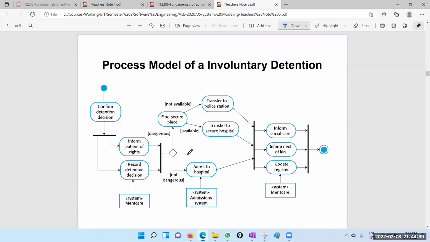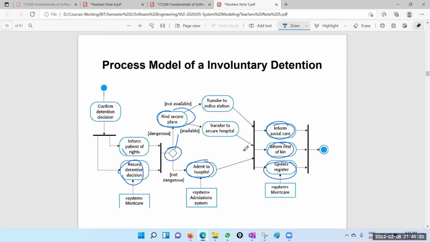Then there are some process related models. They show how things are processed. This is an activity diagram. It shows how things are processed. Some activities happen in parallel. Some activities happen conditionally: if it is this, you do that; otherwise, you do that. And some things can happen in parallel.